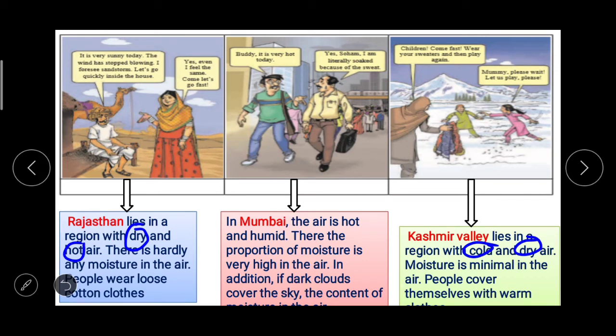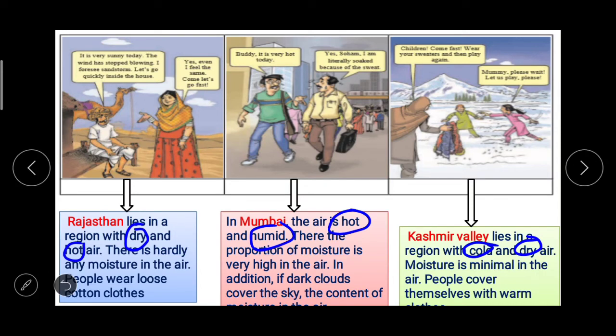So people cover themselves with warm clothes. And in Mumbai, the air is hot and humid. There, the proportion of moisture in the air is very high. In addition, if dark clouds cover the sky, the content of moisture in the air increases. And as we are living in Mumbai, we experience this here.